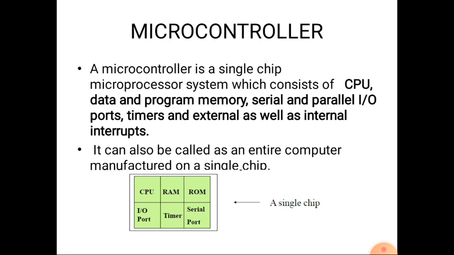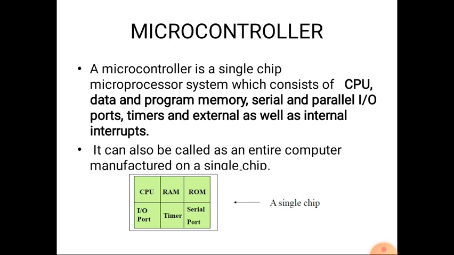So, microcontroller means it's a single chip. In that chip, it contains a CPU, then memory. There are two types of memories: the data memory and program memory, and serial and parallel IO ports, the timers and external and internal interrupts.